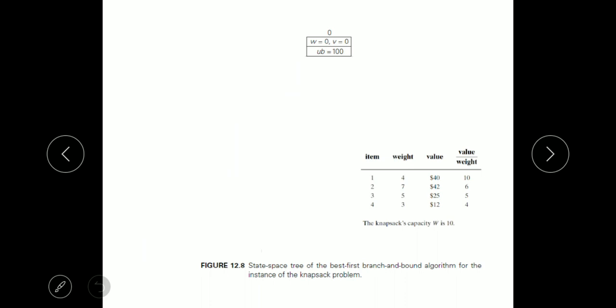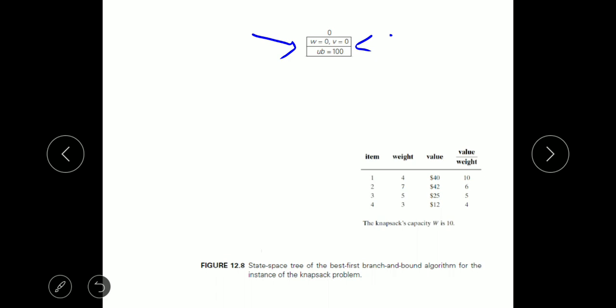At the root of the state space tree, no items have been selected as yet, and hence both the total weight of the items already selected, that is w, and their total value are equal to 0.